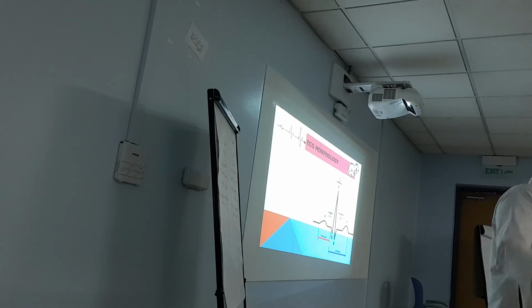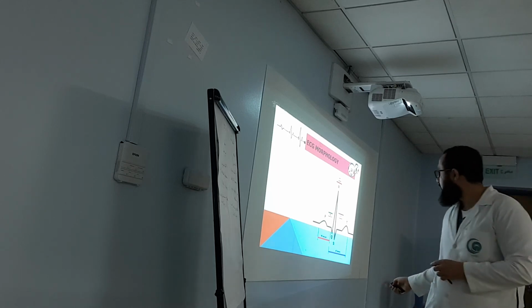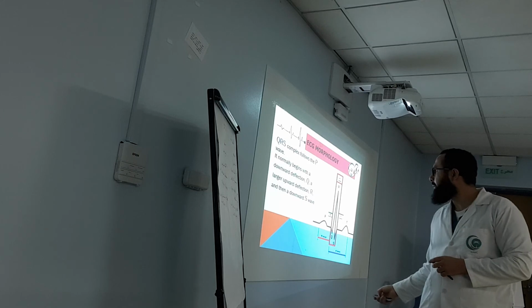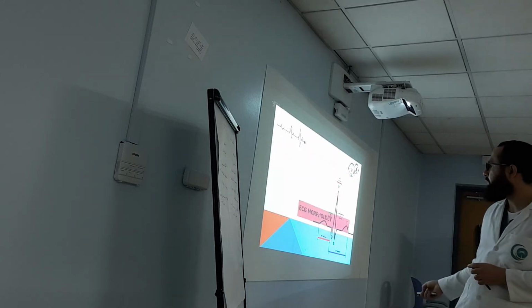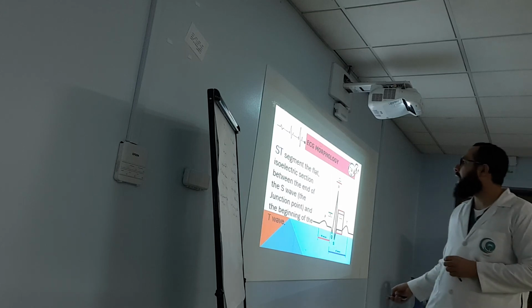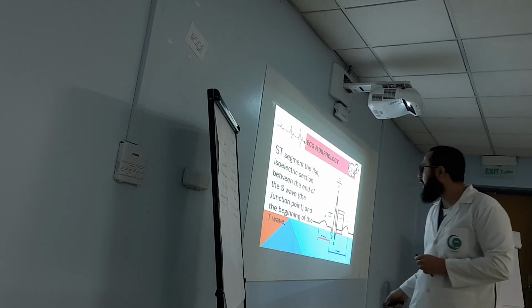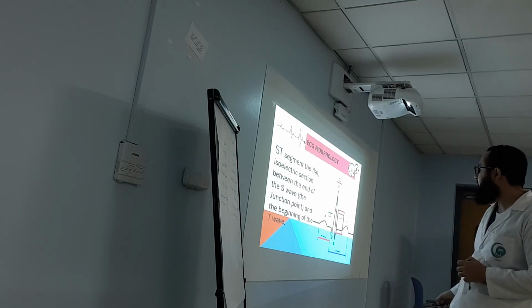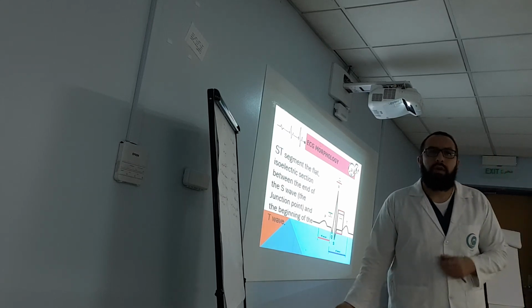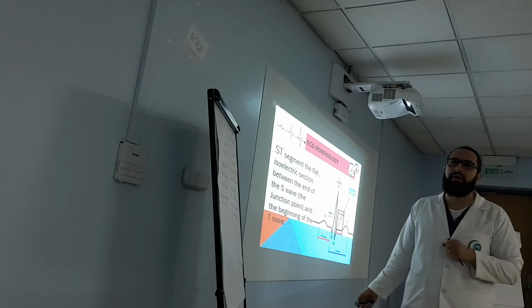You know what the waves are, huh? So the QRS complex is the ventricular depolarization. And the ST segment is the flat isoelectric line at the end of the S and the beginning of the T wave. But you have to know something called the J point.